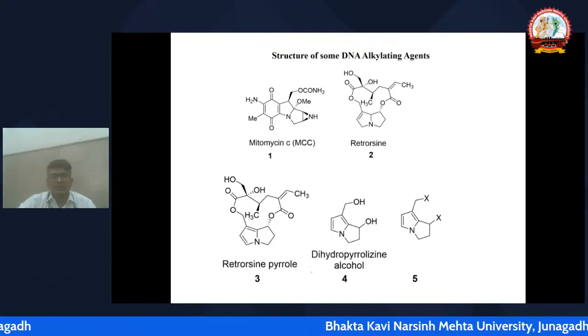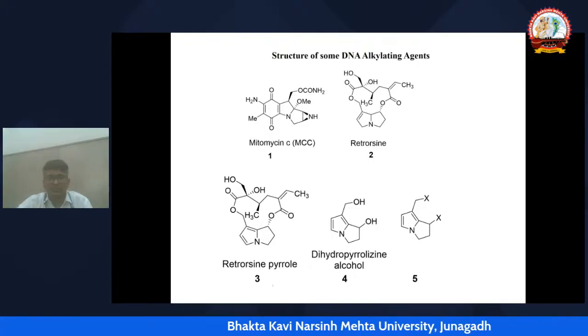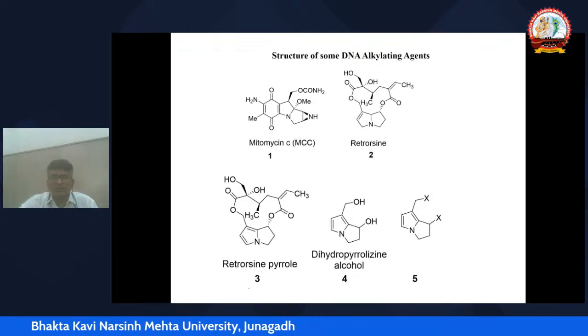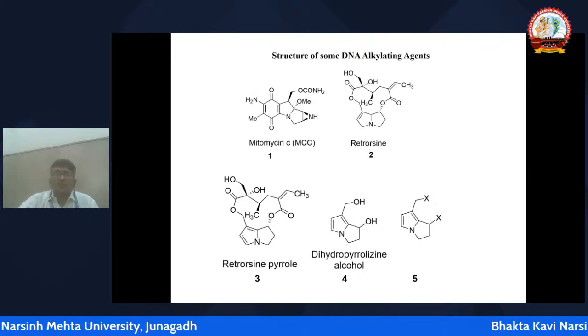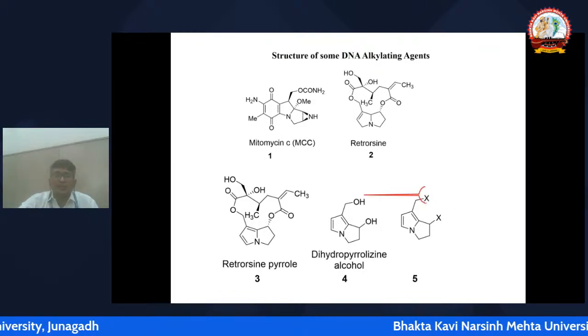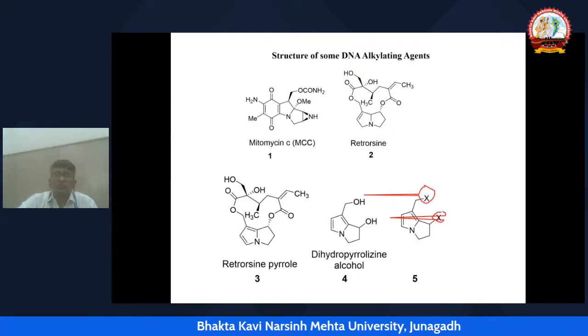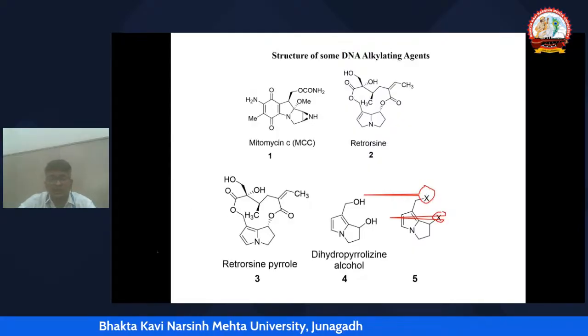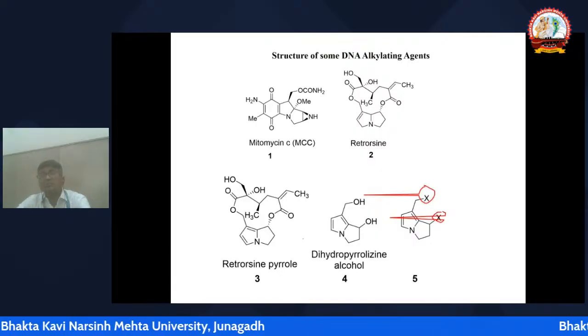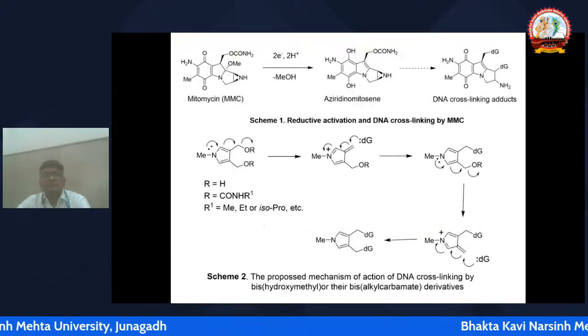Here compound 4 is a diol molecule, and compound 5 is similarly a diol or an amide molecule. So based on this mechanism, we can modify some molecules.